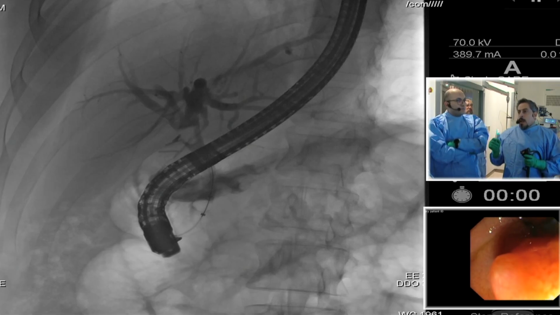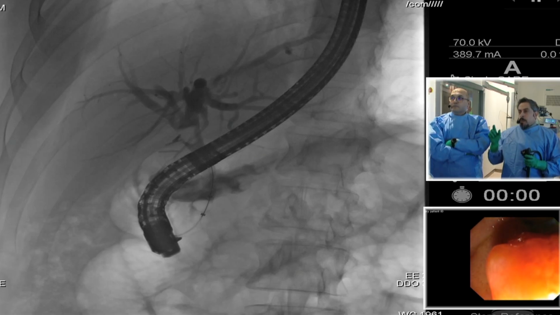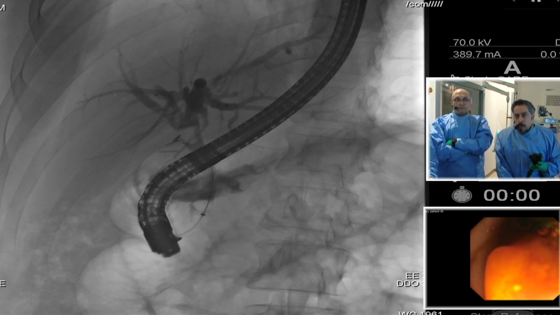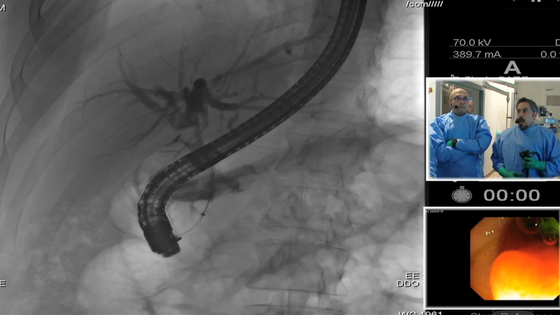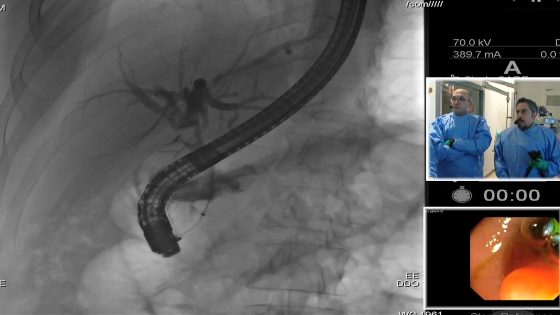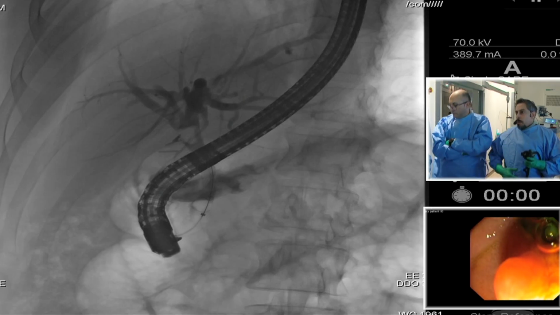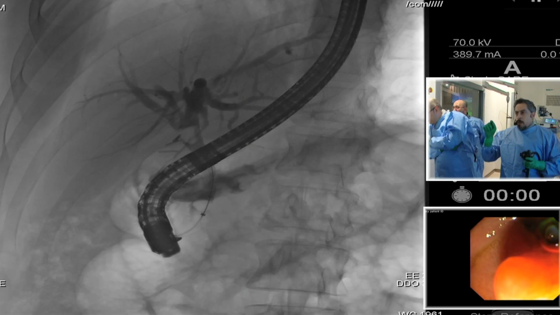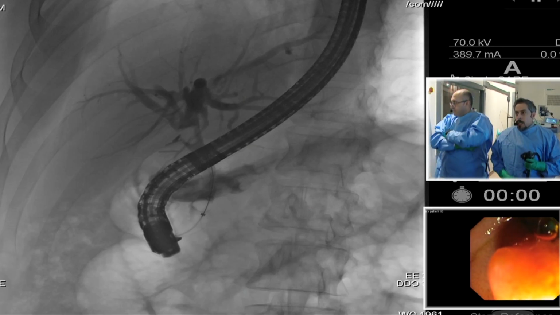The only thing is here, you can see the size of the stone is probably not larger than 1 centimeter. So the most important thing is not every large stone is a complex stone, and not every small stone is an easy stone to remove. So you can have a complex small stone. And I like to follow the Orlando protocol, where you can measure. What makes this case more difficult is the tapered distal duct.